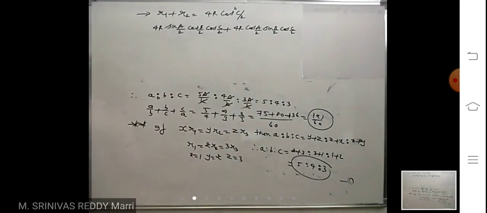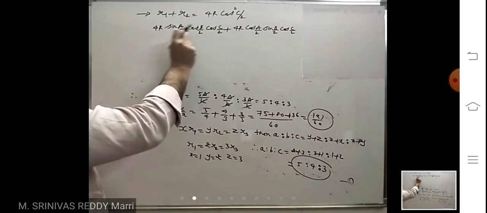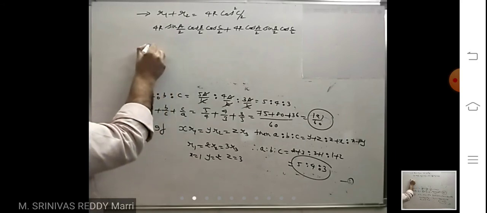Look at here. In these two, what is the common thing? 4R is common, cos C by 2 is common.